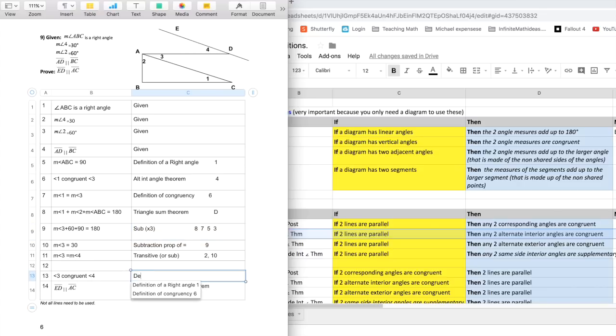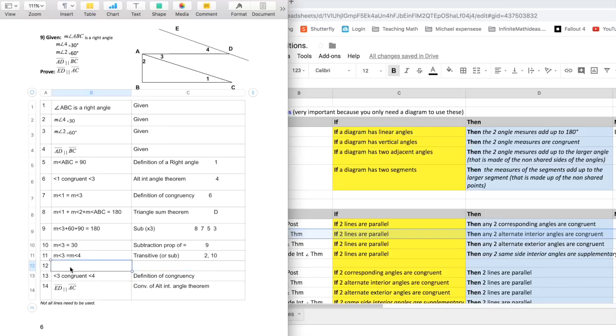That's just definition of congruency again. Remember, that was our goal to get here. That gave me a target to know that I've got to figure stuff out about angle 3, which was all this work here. All of this work here was to figure out stuff about angle 3. I used triangle sum theorem. I used the parallel lines. I used the angles that they gave me, the angle measures that they gave me, and I did all that work.